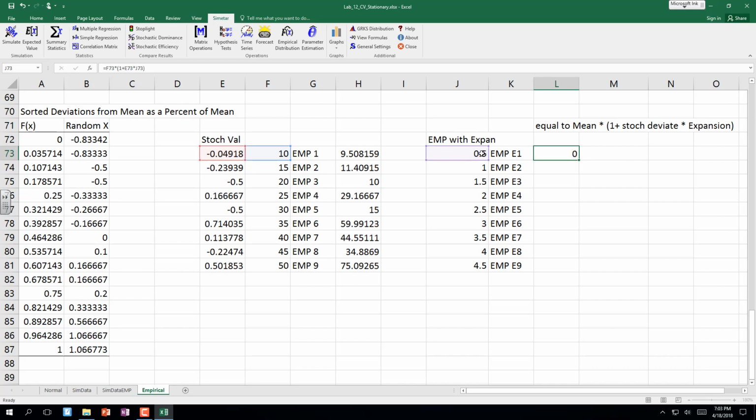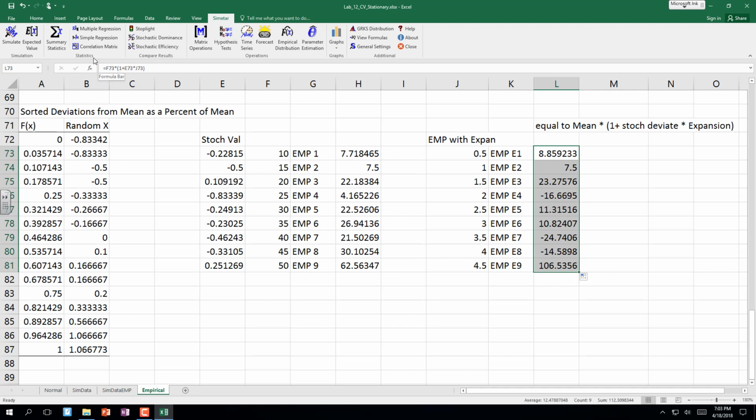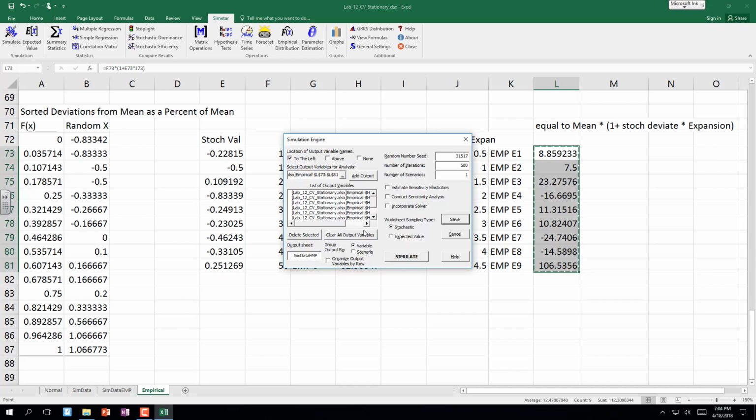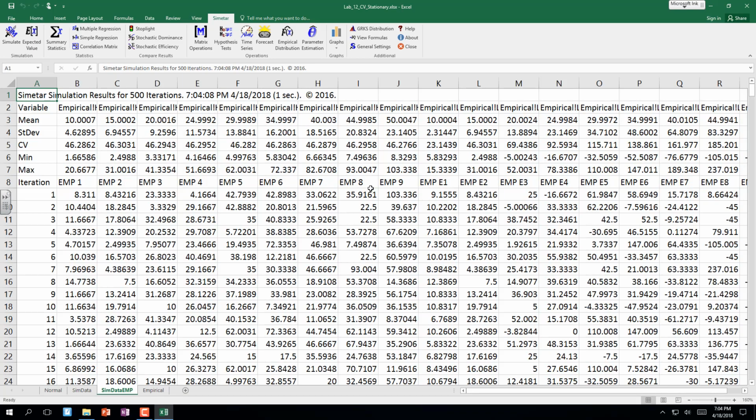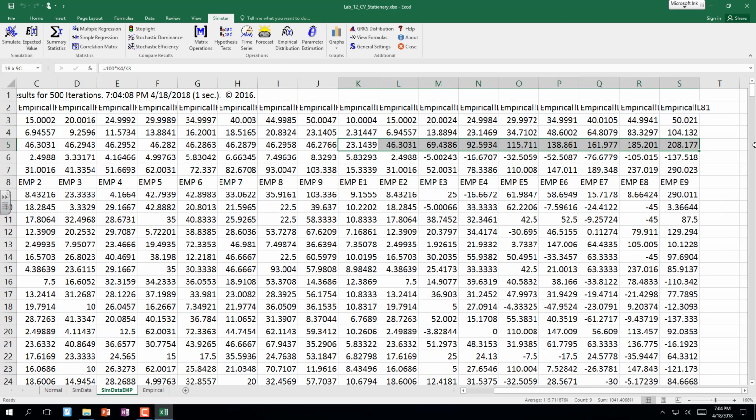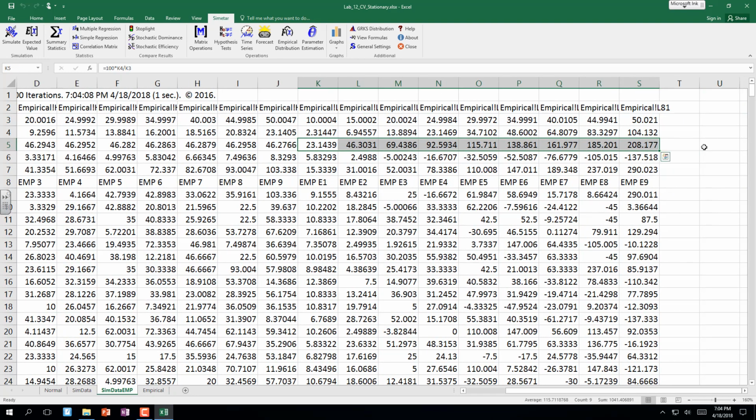Okay? And we can drag that one down. We can add it here, simulate it, and we're out here, and this coefficient of variation goes from 23 up to 208.